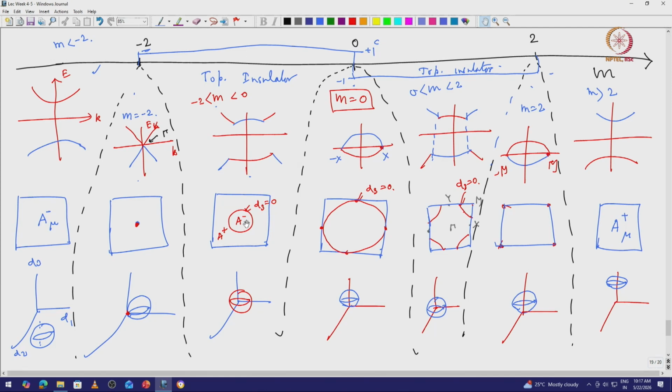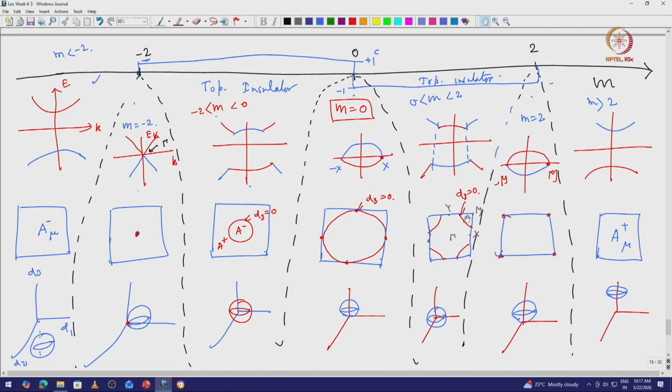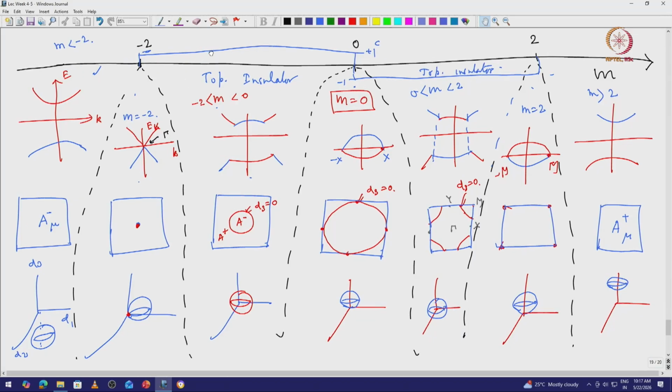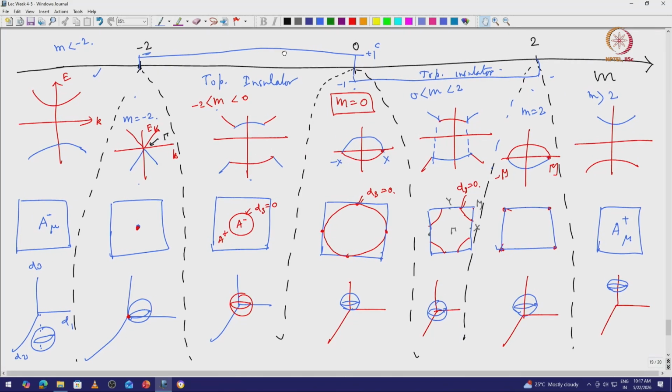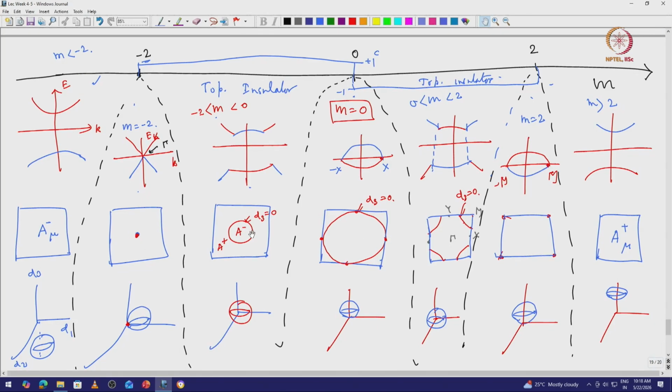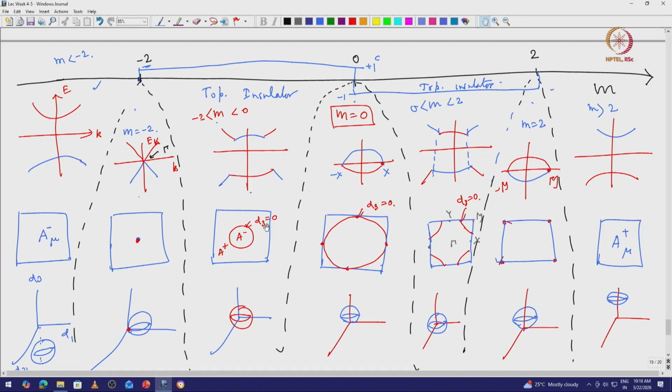So, you can expand the D3 term near gamma point or near M point, and here as you can see the Chern number remains to be 1 all the time. So, that means whether the contour is smaller or larger, it does not matter as long as it does not touch this boundary. So, in this entire region, where the D3 contour goes to 0, they are all homotopic, these loops. Okay.